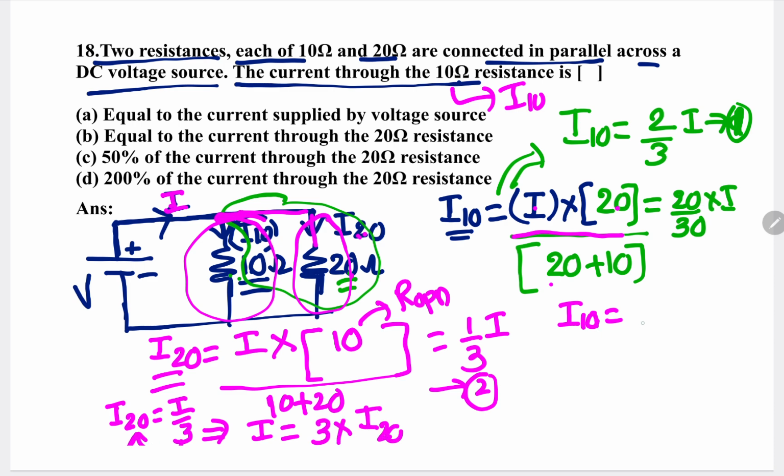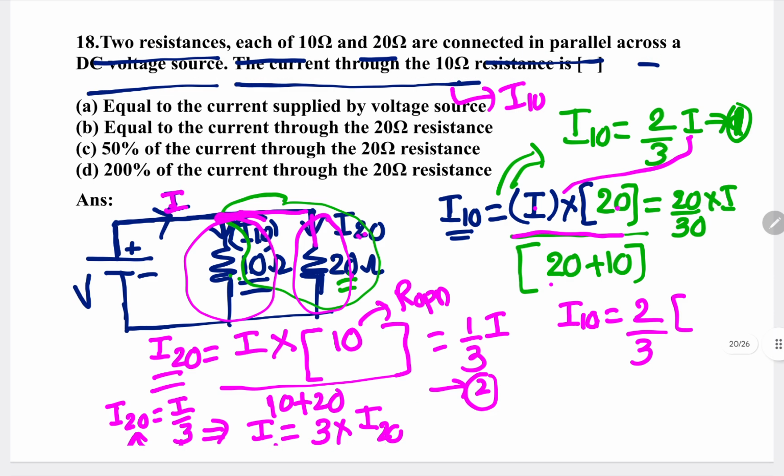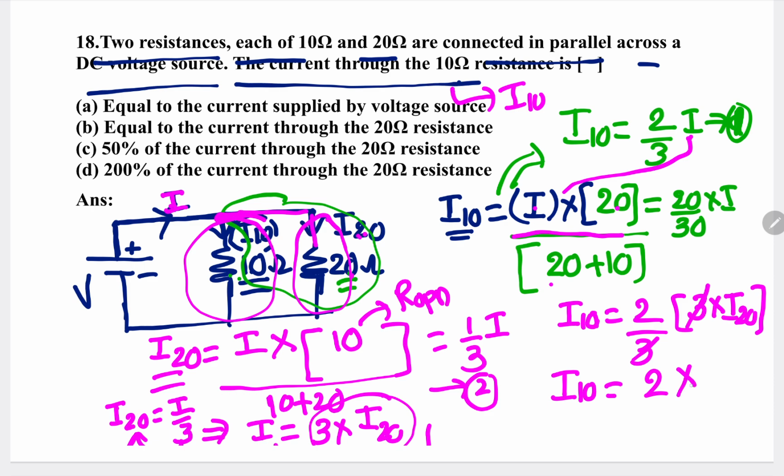So I10 is equal to 2 by 3 into I, and I am taking this I from here: 3 into I20. This 3 cancels. I10 is equal to 2 times I20. So the current through the 10 ohm is equal to 2 times the current through the 20 ohm.